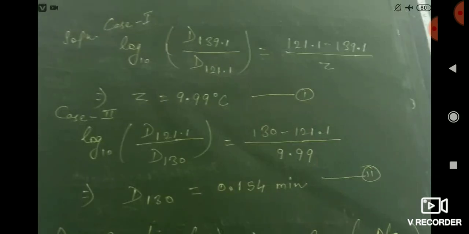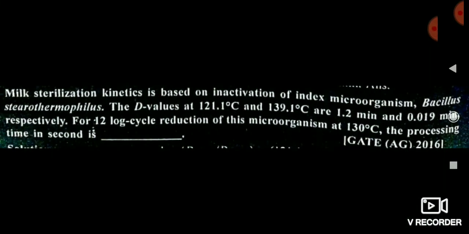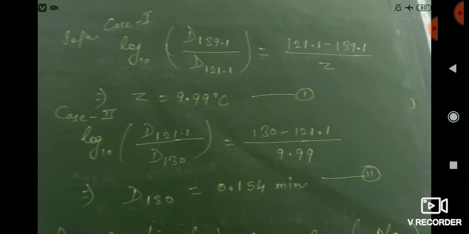Because two temperatures and two decimal reduction times are given, you should calculate first the Z value, that is 9.99 degree centigrade. Friends, you remember that Z value is constant for all the temperatures, means when the temperature is changing, our Z value is constant. Z value doesn't vary with temperature, it doesn't have any dependence upon temperature. It is constant for all the temperature changes.